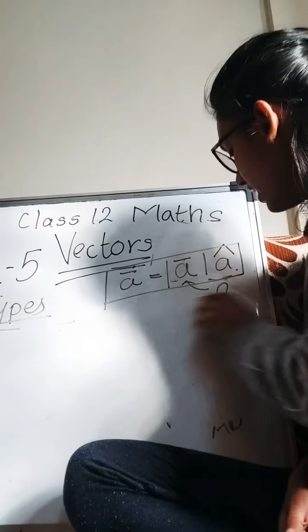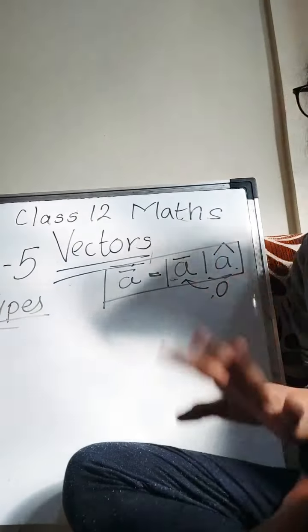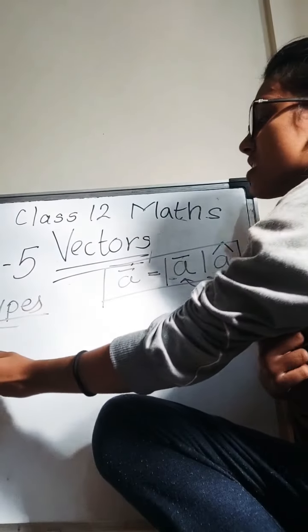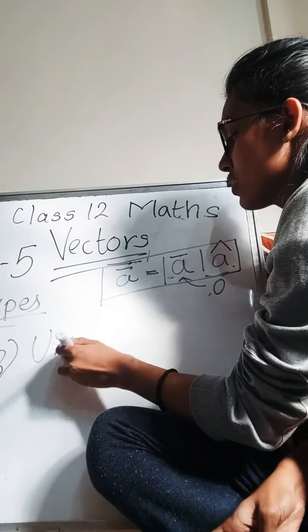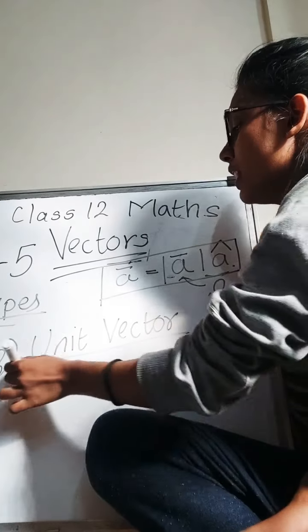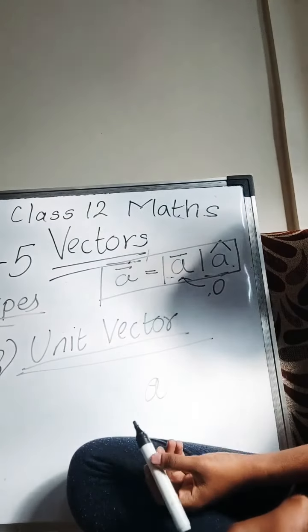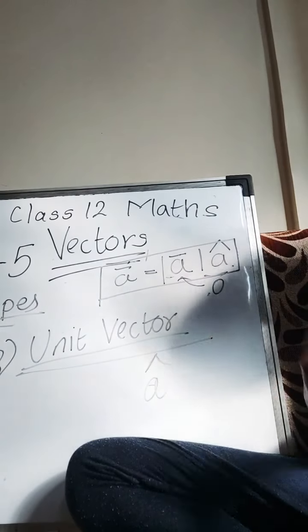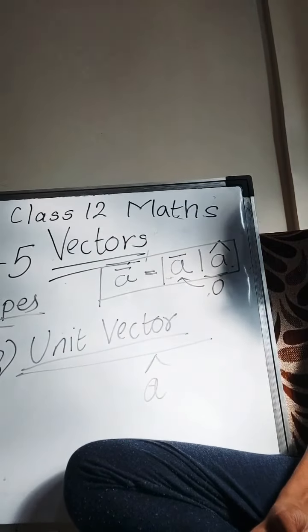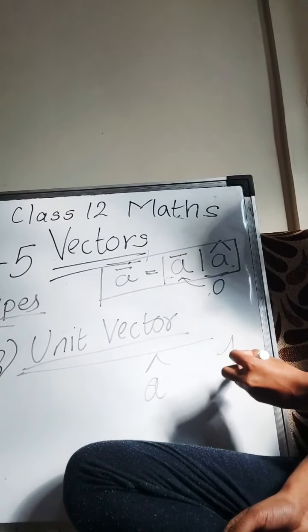Now the second one is the unit vector, which is very important. Okay, now what is a unit vector? A unit vector is, as I told you earlier, represented as A cap or A hat. A unit vector is nothing but a vector whose magnitude is 1.